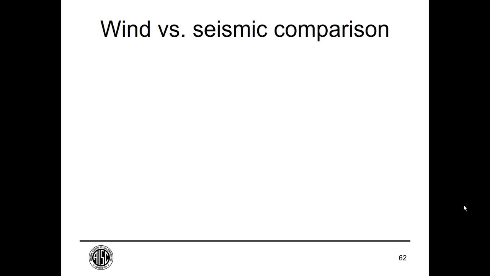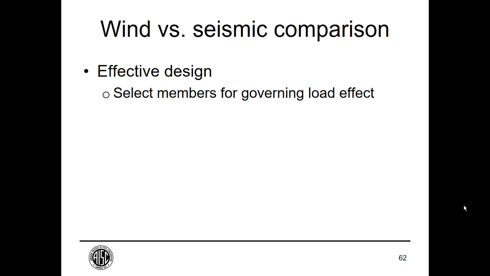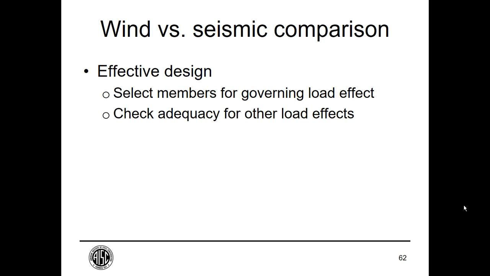So I mentioned earlier we like to do a wind versus seismic comparison. This is part of what I call effective design. When we can, we want to select the members for the governing load effect and then check the members later for other load effects.